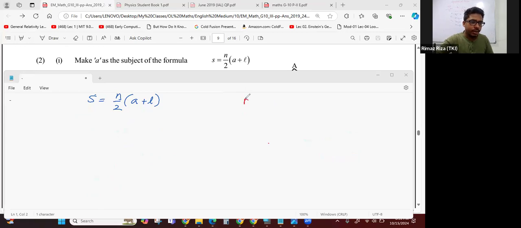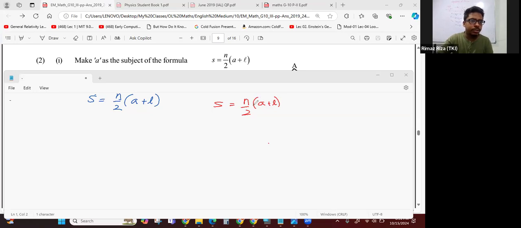What it says is, you take n and divide by 2, and then you multiply this n with this a plus l number. You multiply with a plus l, then you will get s.